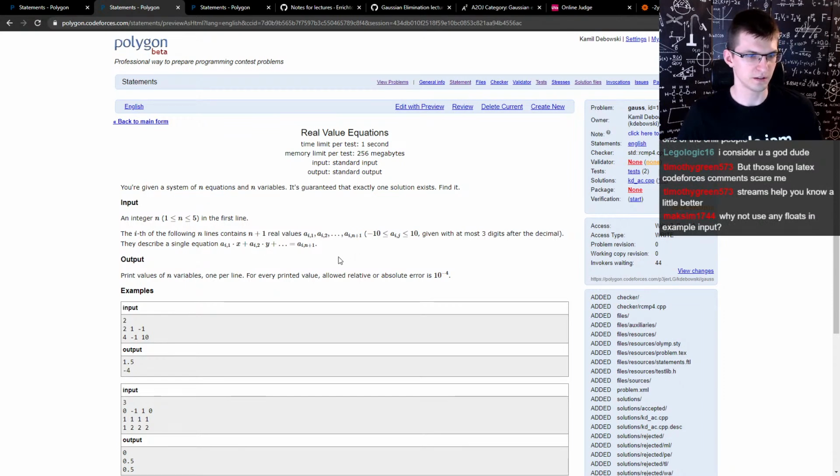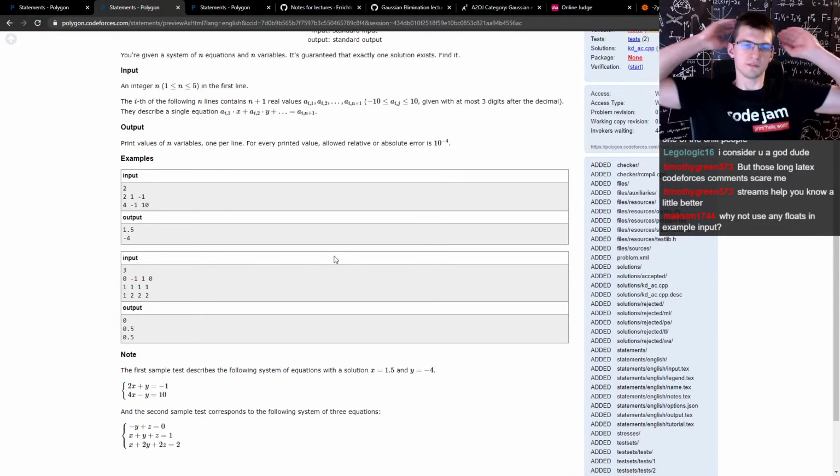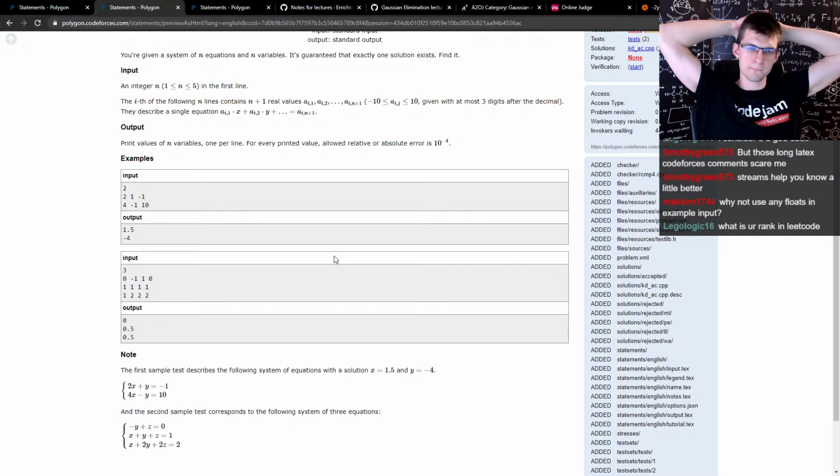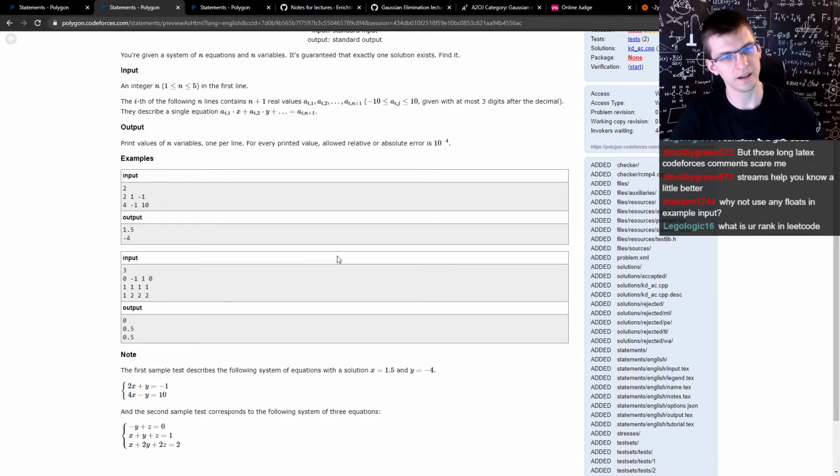Floats? Oh, good point. Good point. Damn it, I don't know. I will not modify the second equation. I will just modify the first one. Yeah, I need to put some floats here.